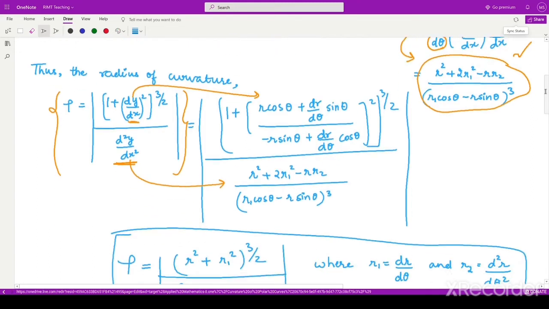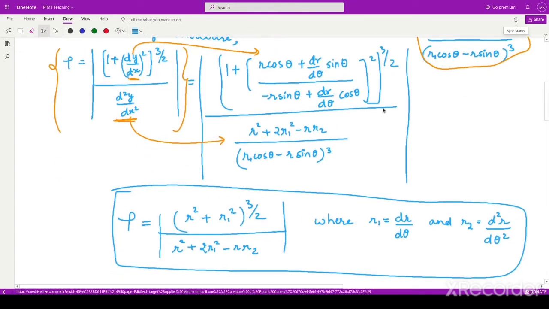And after a lot of simplification, the radius of curvature would finally be r squared plus r1 squared, the whole raised to power 3 by 2, divided by r squared plus 2 r1 squared minus r r2, where r1 is dr by d theta and r2 is the double derivative of r with respect to theta. So this formula you have to remember for calculations, right?